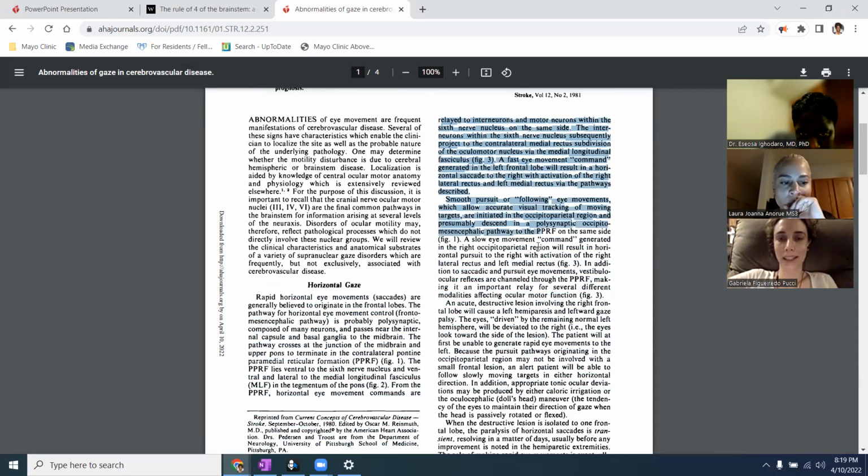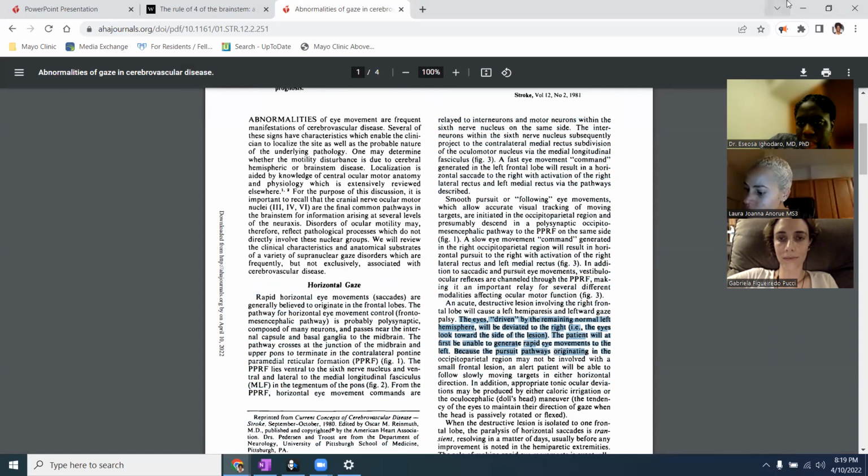Okay, an acute destructive lesion along the right frontal lobe will cause left hemiparesis with left gaze palsy. But she has right-sided symptoms, right? Mm-hmm. Okay, so maybe something else is causing her gaze preference.